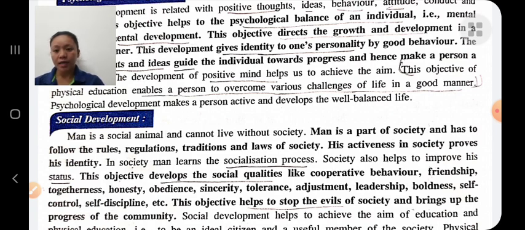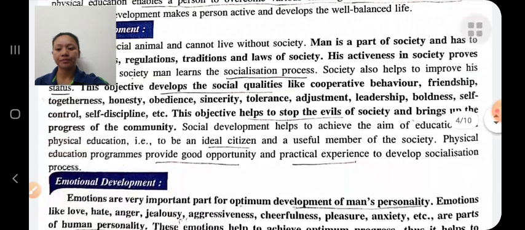This objective helps to stop the evils of society and bring progress to the country. It helps an individual to be a good citizen and a useful member of society.